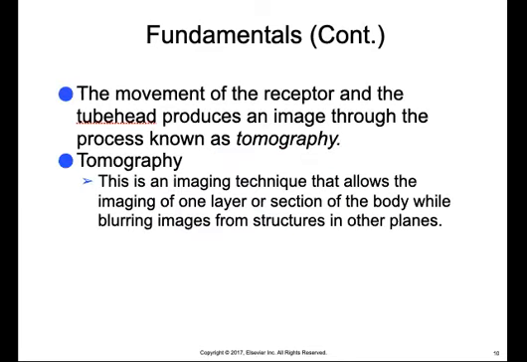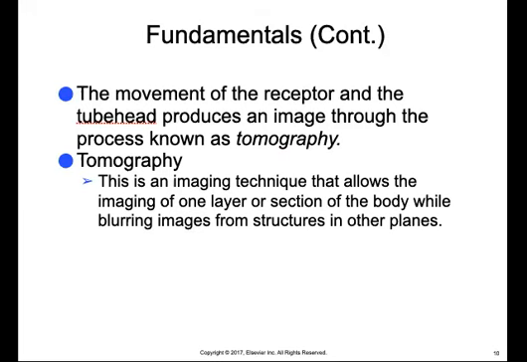The movement of the receptor and the tube head produces an image through a process known as tomography. With tomography, we allow imaging of one layer or section of the body while blurring images from structures in another plane.